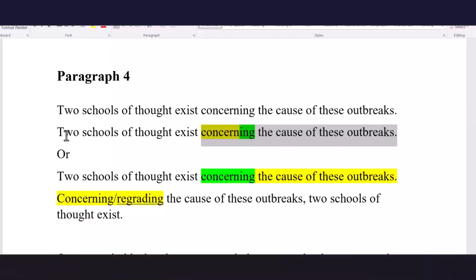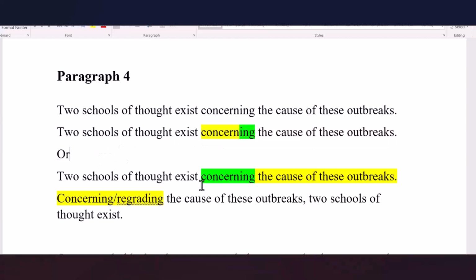According to this interpretation, the original sentence has been: two schools of thought exist that concern the cause of these outbreaks. And when we eliminate that, the relative pronoun, we need to replace the verb with its gerund form. And here its gerund form is concerning the cause of these outbreaks.